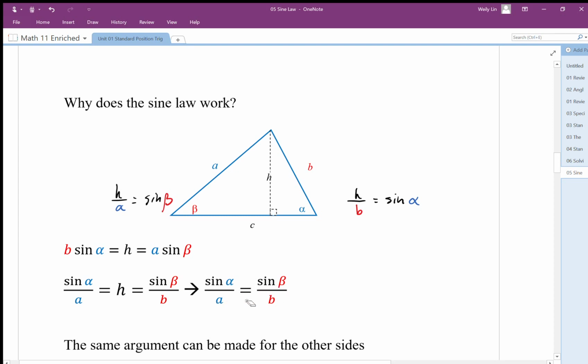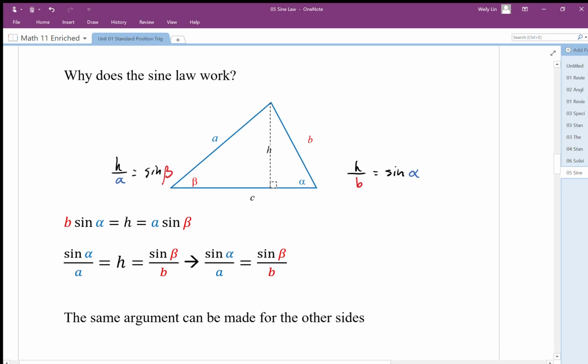And we could then set up this same argument for the third side, and we can say that the sine of the angle and the opposite side ratio is equivalent to the angle and the opposite side ratio of the same triangle. And then we can set up the third ratio, the sine of angle C to the length of side C, is equivalent to for all three sides of any triangle.